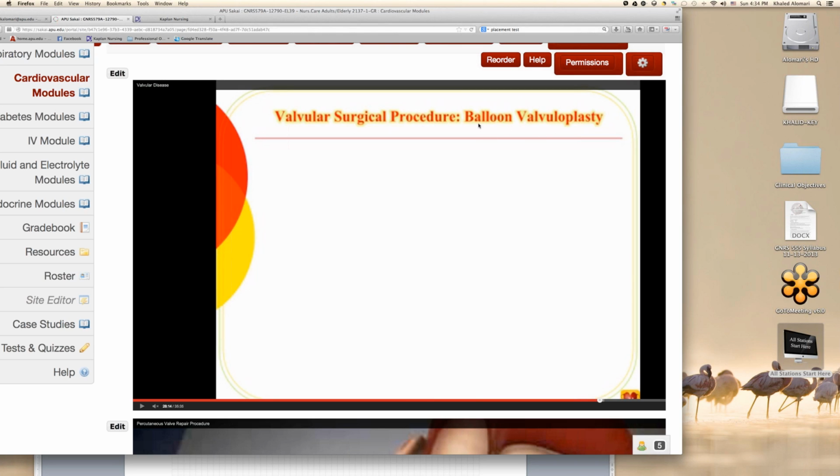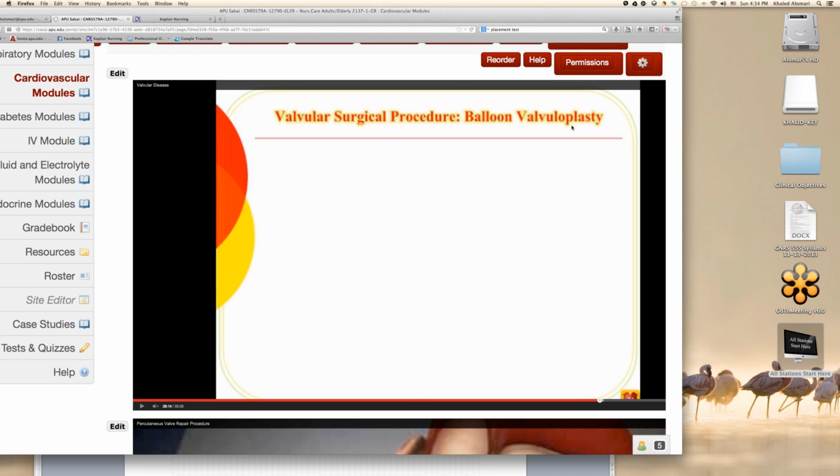So if you have a patient who's going to have this, the question could be, because the focus here is patient education, look for the statement that's inaccurate or the statement that's accurate. Which of the following indicates the patient understands the procedure, or which of the following indicates further teaching is required. So this involves valvuloplasty.